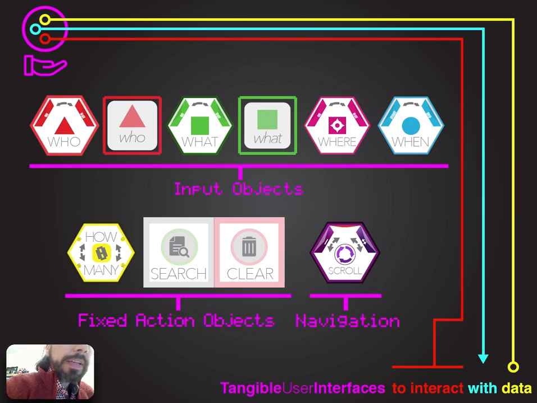So the interface allows the user to combine a wide range of data fields, a wide range of booleans, and also perform some navigational tasks. By allowing the user to offload their mental tasks to the object, users are able to combine and produce more complex relationships.